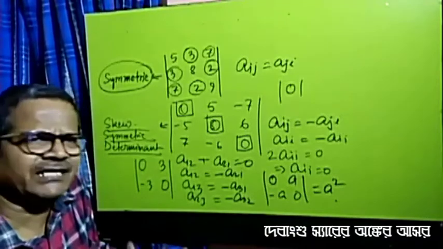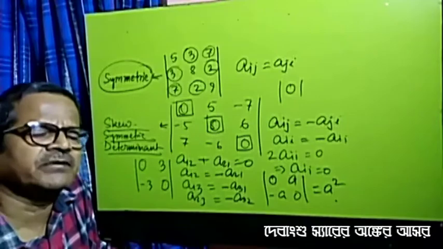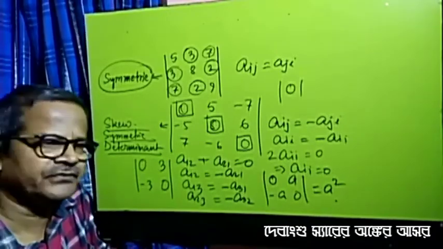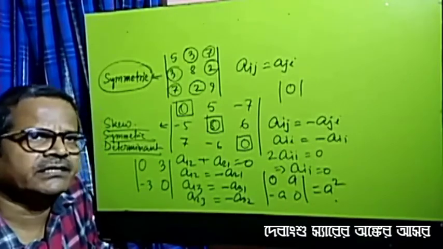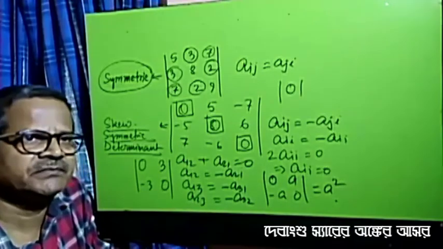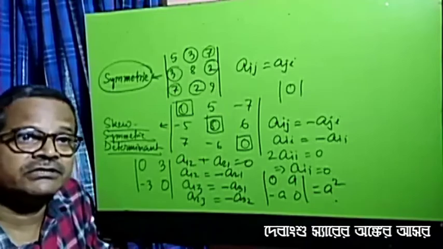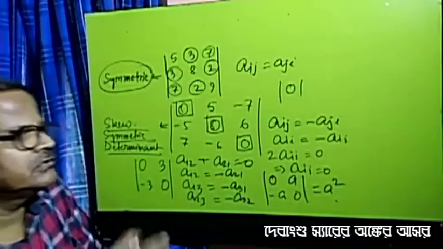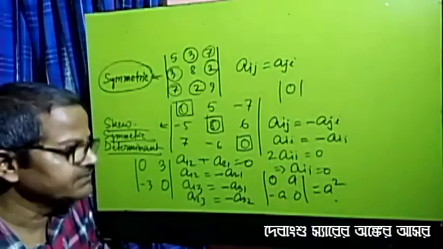Likewise, we can prove that the fourth order skew symmetric determinant is also a perfect square. Eighth order, 20th order: the general statement is that if the order of a skew symmetric determinant is 2n, then it is a perfect square. It has a mathematical proof, but that is out of our syllabus, so we won't prove this. We'll just use the concept.